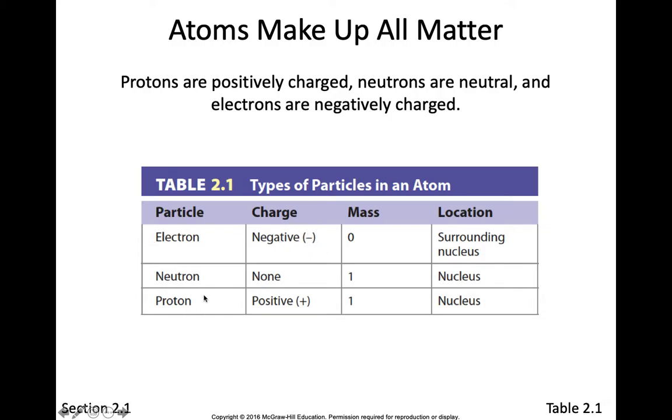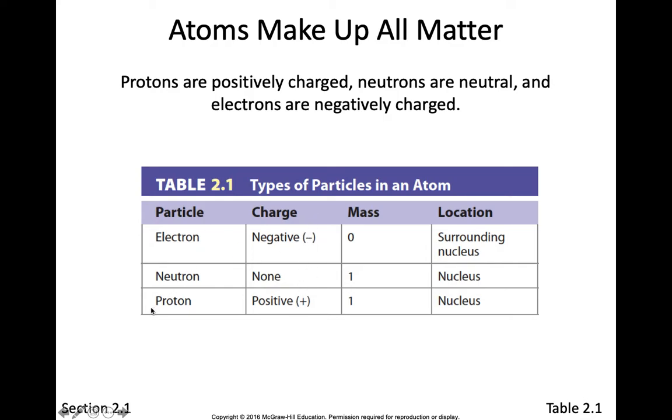Protons are found in the nucleus, electrons on the outside of the atom, flying around the nucleus. Protons have positive, electrons have negative. These two numbers tend to be equal.